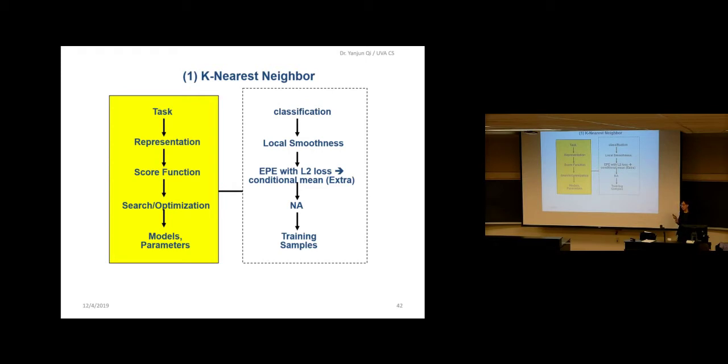And k-nearest neighbor is the exact approximator for the conditional mean. And then there's no search. The only thing you need to search or tune is the hyperparameter k. And there's no explicit model here. The model is your training examples.